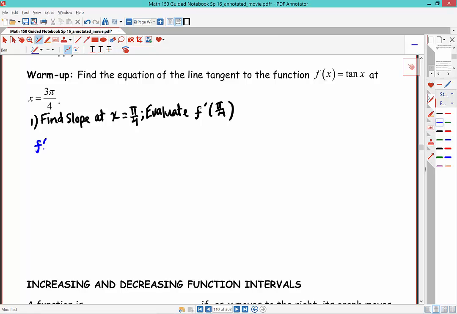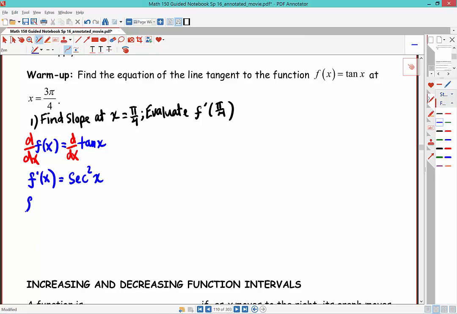Our function is f at x equals tangent at x, and differentiating both sides with respect to x, we'll have f prime at x on the left side, and then what will we have on the right side? Beautiful, we'll have secant squared at x on the right side.